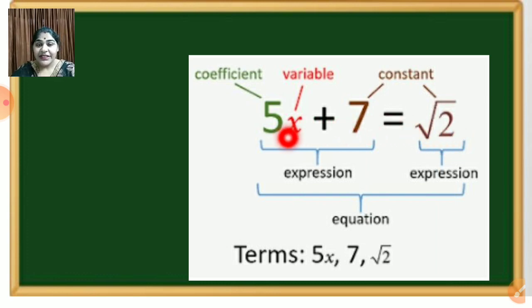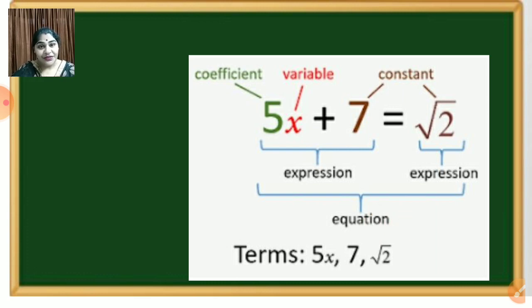Wherever you see the variable, that is x, y, any letter, that is the variable in the expression or the equation. And along with the variable, the number present will be the coefficient of that particular variable. So this is an expression, and this is another expression. When there is an equal to sign, the whole is known as an equation, children.